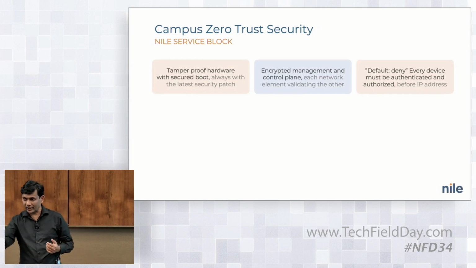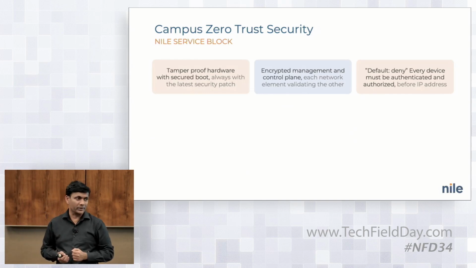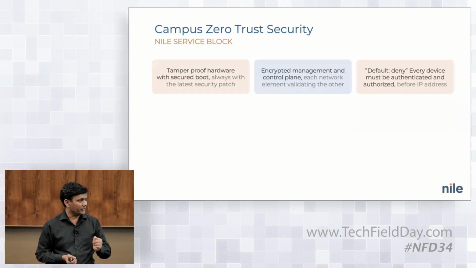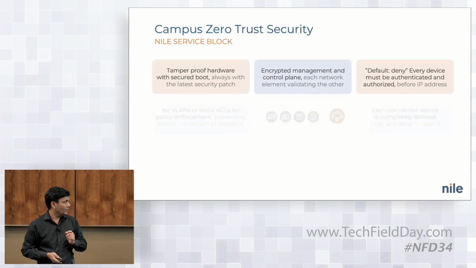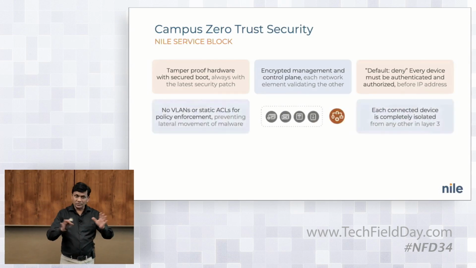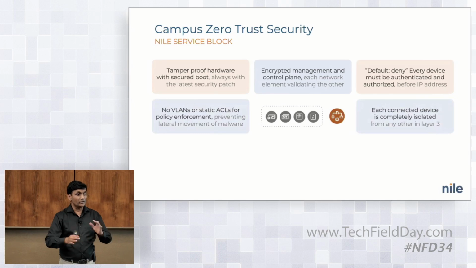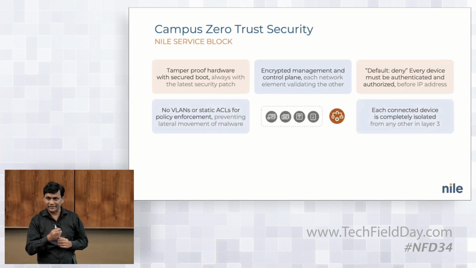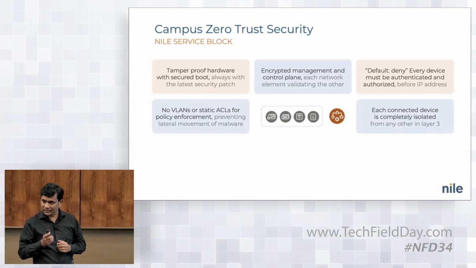If you have a printer and you try to remove the printer and connect something else, you're not in the printer VLAN. You need to get authenticated. By default, every device and every user is denied. And again, there are no static VLANs; it is absolutely based on the user identity and the device identity. Only then can you get onto the network. And once you're on the network, go ahead.